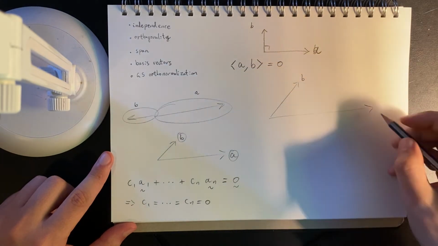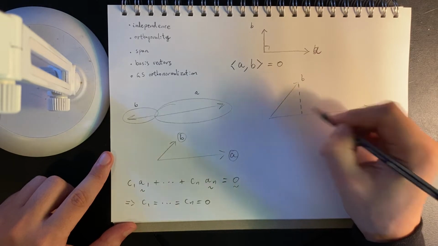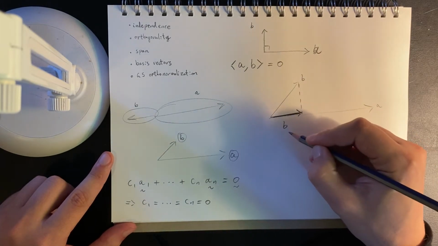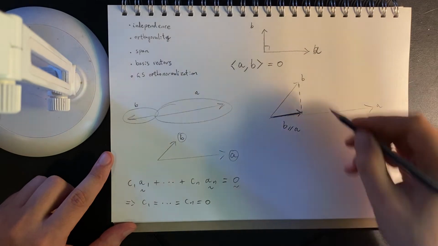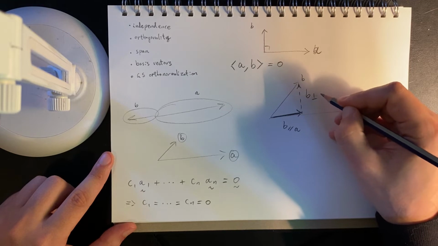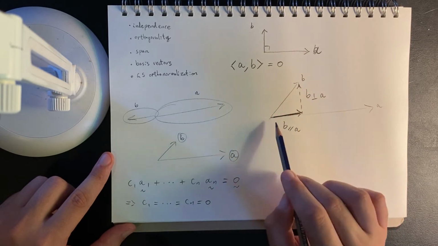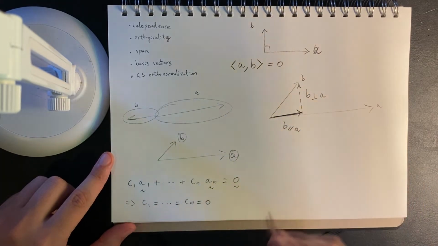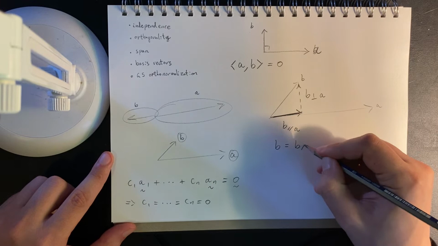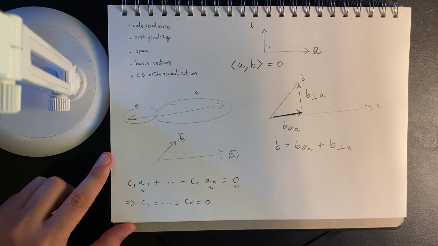Let's call this vector B. Let's call this vector A. I can do the vector projection down onto A, and that gives me some component of B which is parallel to A, and then there will also be some component of B which is orthogonal to A. And the vector sum of these two reconstructs the original B. So every vector, when we compare it to another vector, breaks down into two parts: a part which is parallel and a part which is perpendicular or orthogonal.